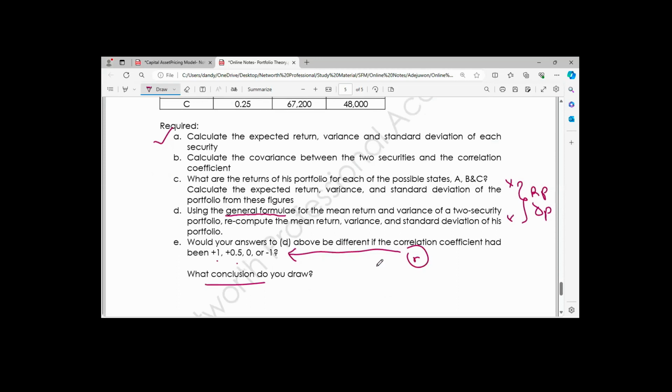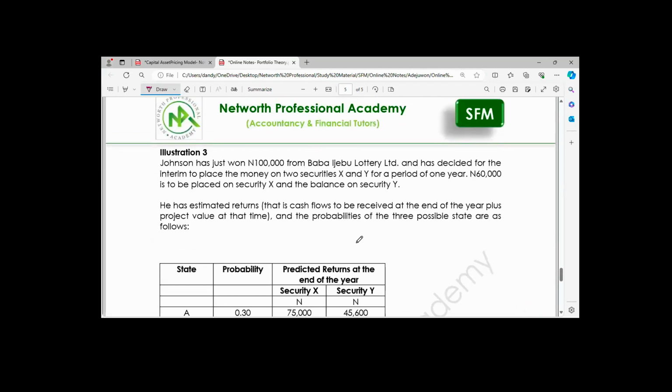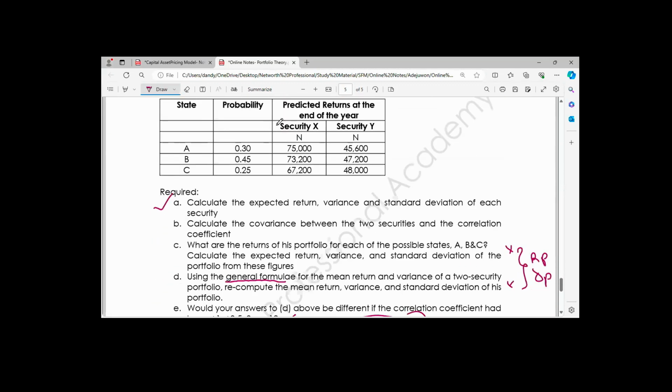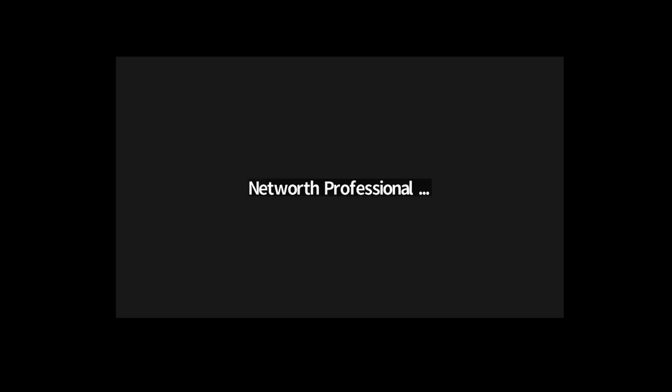But without wasting time, since you already have this material with you, please open to the material, because I want to switch to the working notes so that we can quickly complete this question and move to the next one.